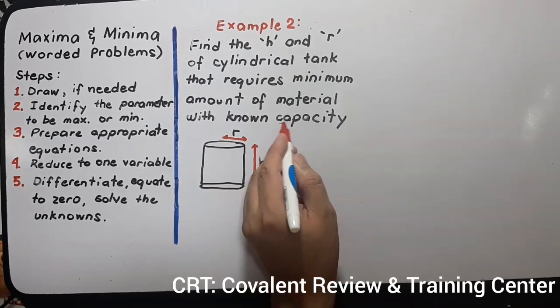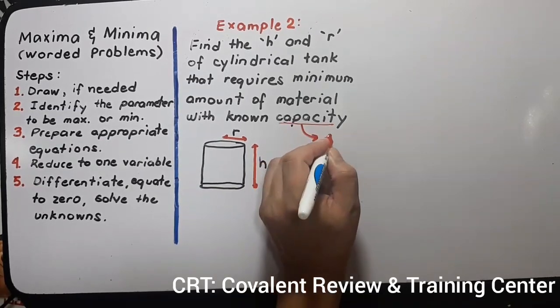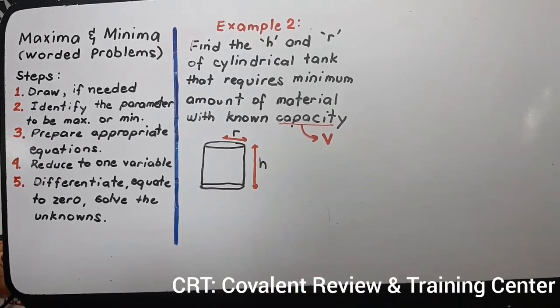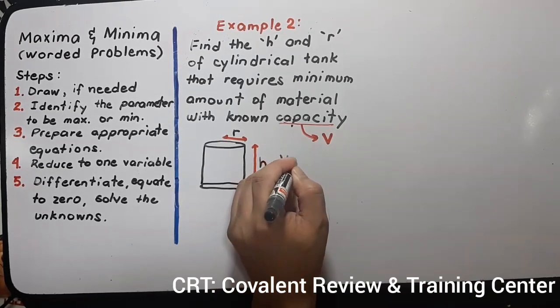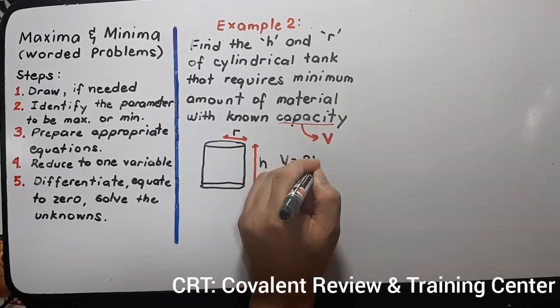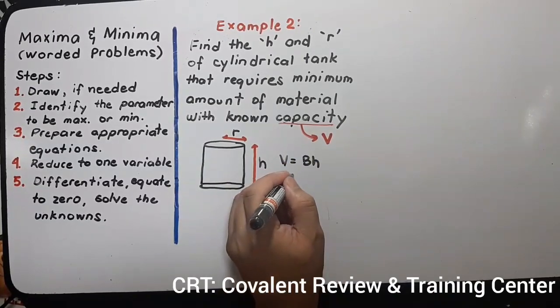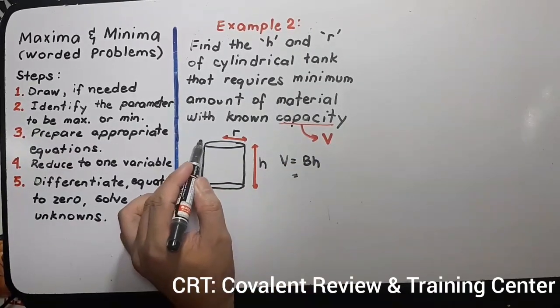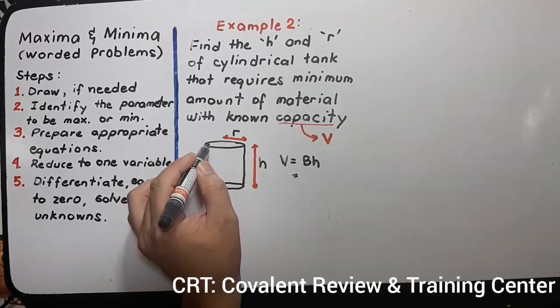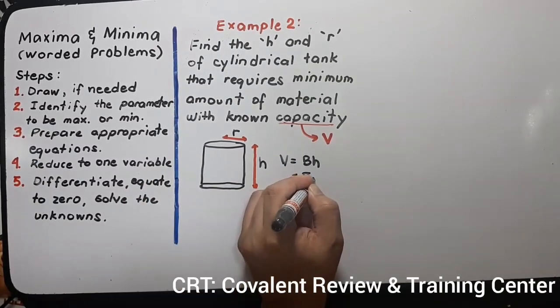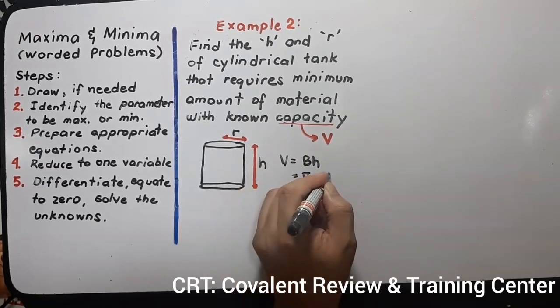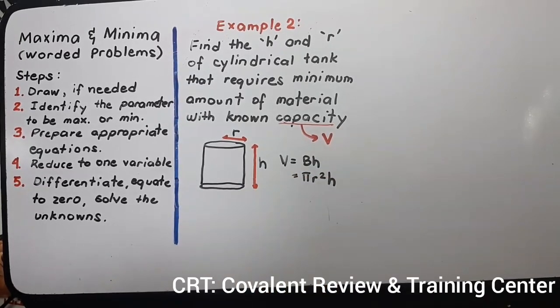The capacity here is the so-called volume. And volume is equivalent to base times height. Base of this drawing is in the shape of a circle. So base is pi r squared multiplied by height.